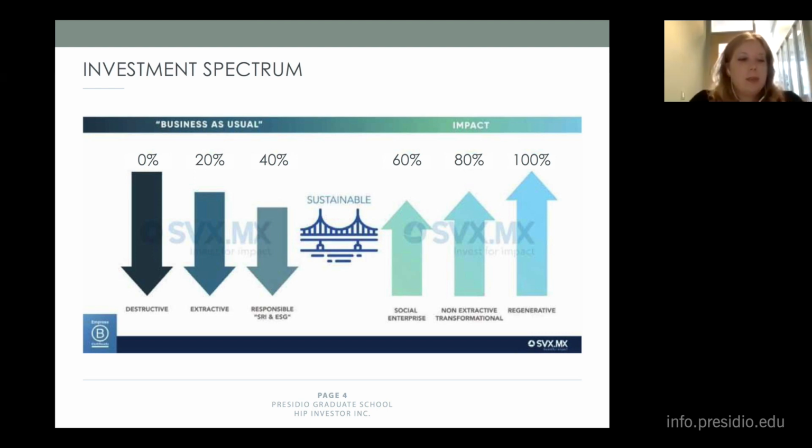This is another example of an impact spectrum, and you can see how it moves from business as usual on the left side to impactful on the right side. And at Presidio, I know I spent a lot of time learning about great ideas on the right side of the spectrum, but unfortunately much of the financial services industry is still stuck far on the left.